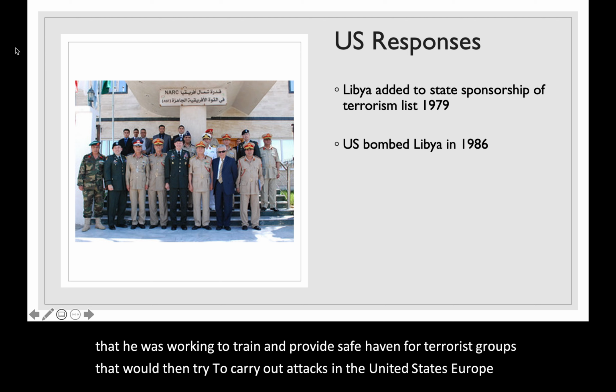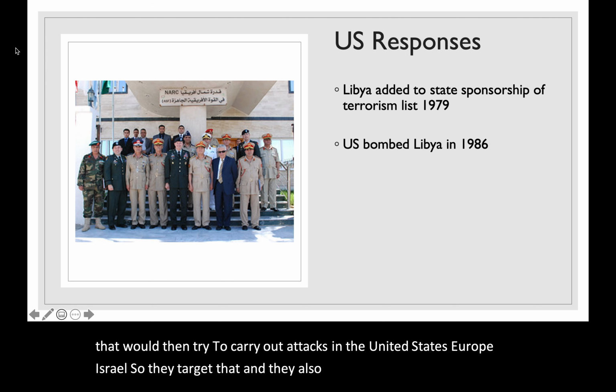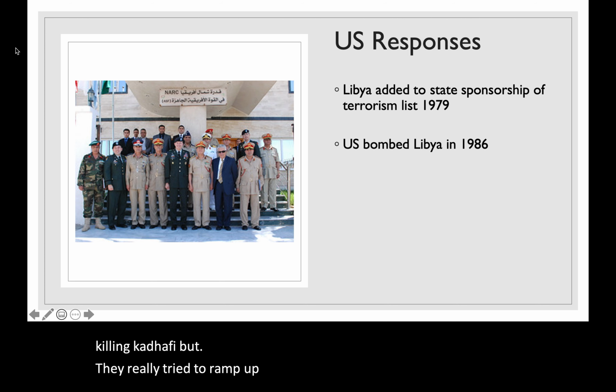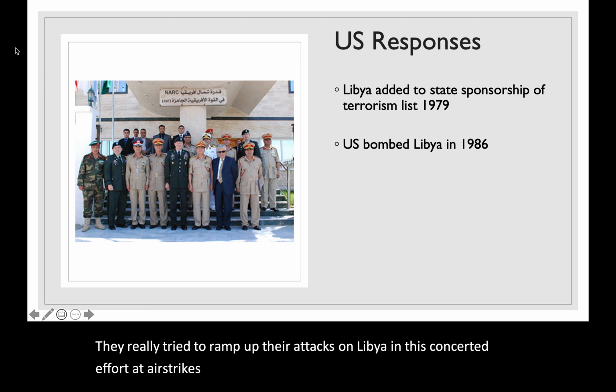And it is also argued, and Gaddafi claims, that the U.S. tried to bomb and ultimately kill him. They weren't successful in killing Gaddafi, but they really tried to ramp up their attacks on Libya in this concerted effort at airstrikes to limit Gaddafi's ability to continue to fund and train terrorist organizations.